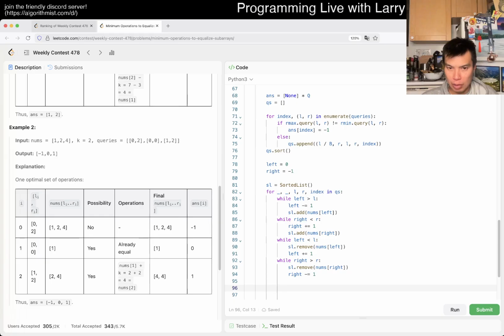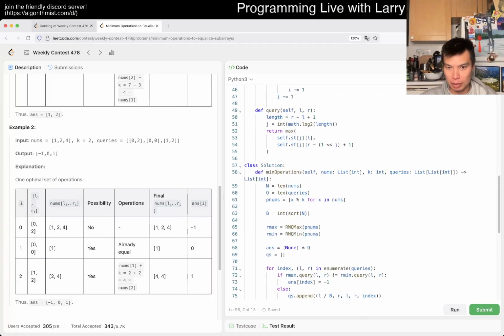And then now the median is going to be... we still need a sum. We need to do so many things, but the sum is easy, right? We just do a prefix sum.